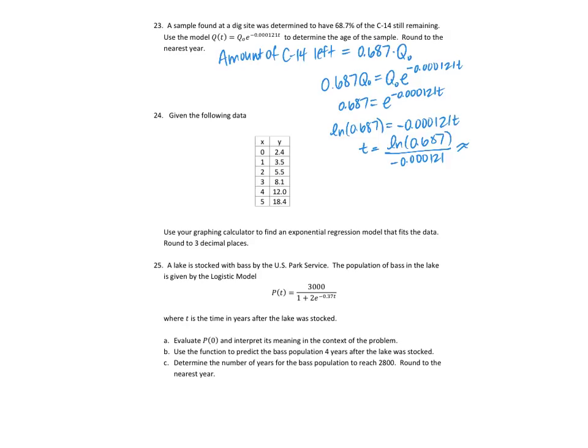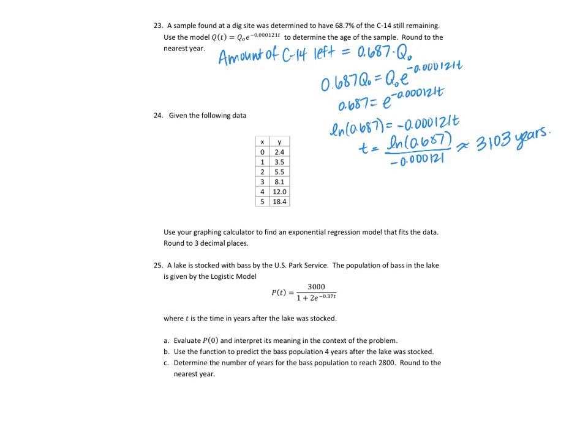Natural log of 0.687 divided by negative 0.000121. I got 3,102.6, so 3,103 years. We round up.